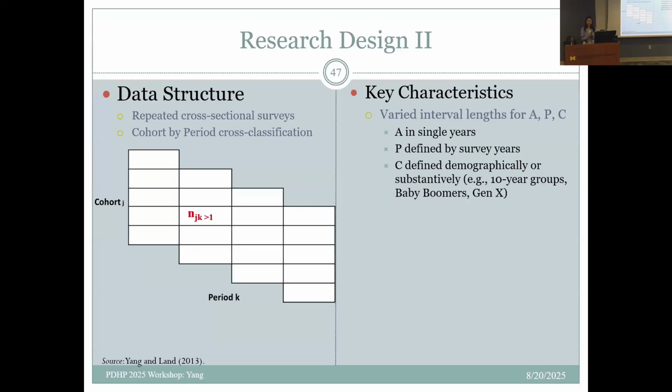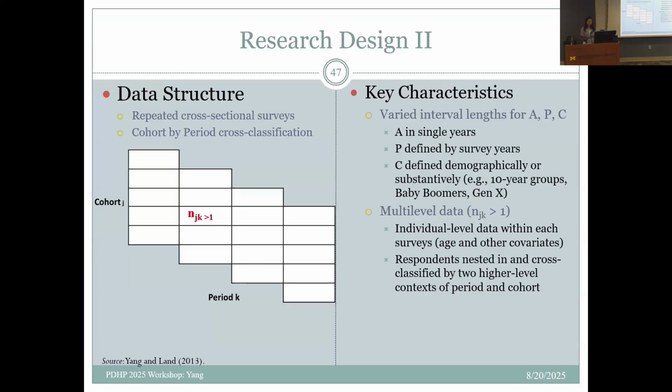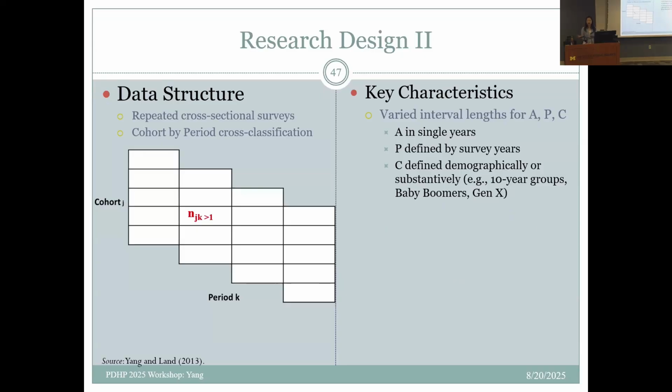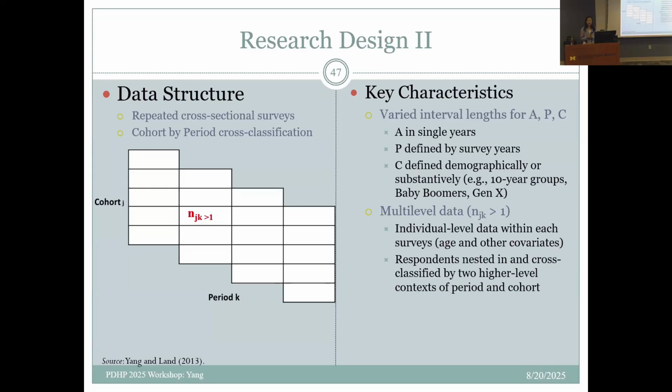In any case, the interval lengths of these three variables are not identical, A and P, and so this breaks the linear dependency between the three variables. What's more important is that this kind of data gives us multi-level observations.